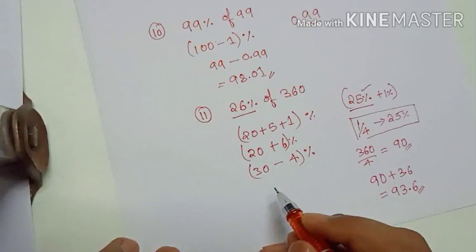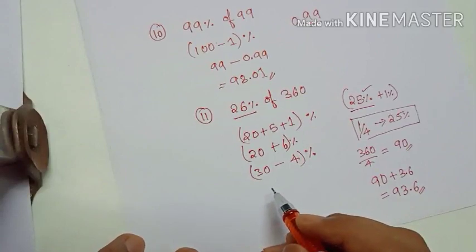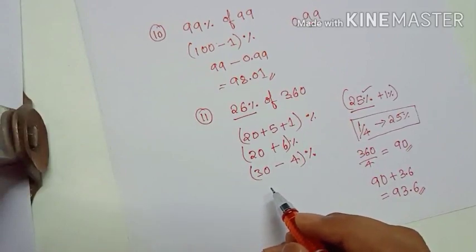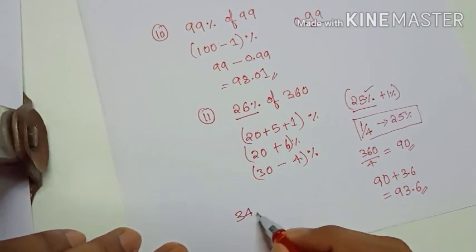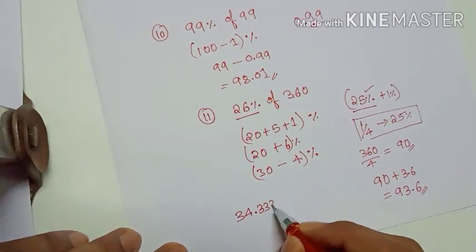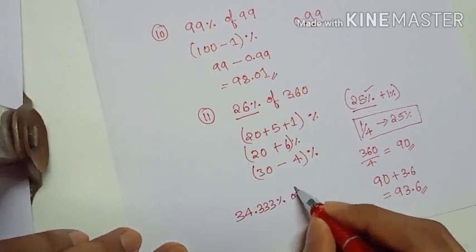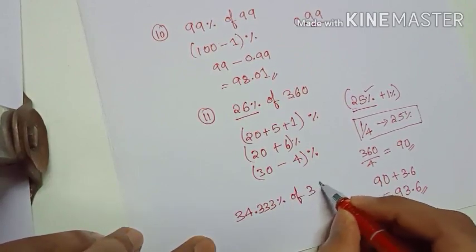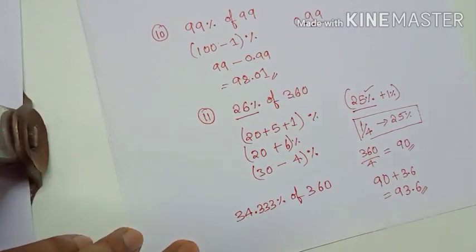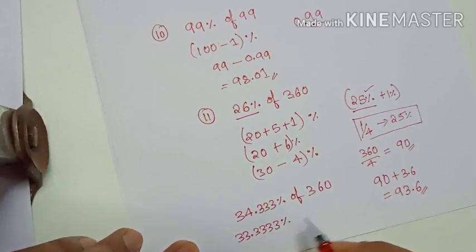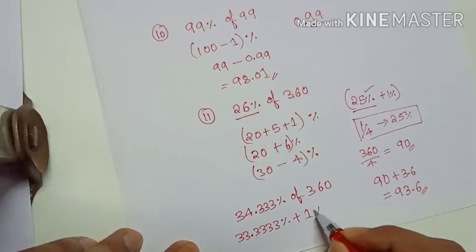Suppose I would have asked you to calculate any other number. Okay, what is 34.333% of 360? Same number. Let me see how you're going to do it. Yes, correct. 33.3333% plus 1%. Yes or no?